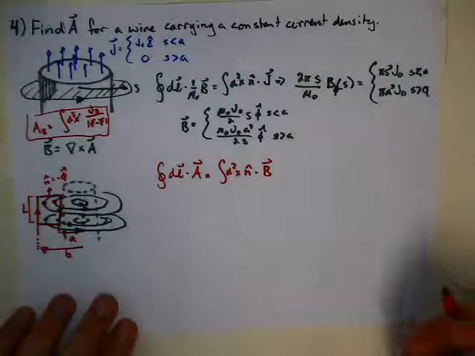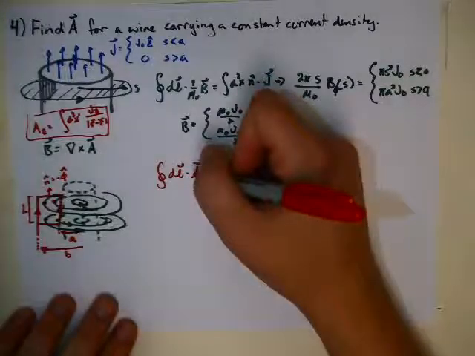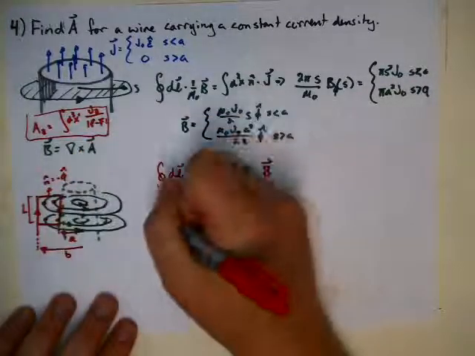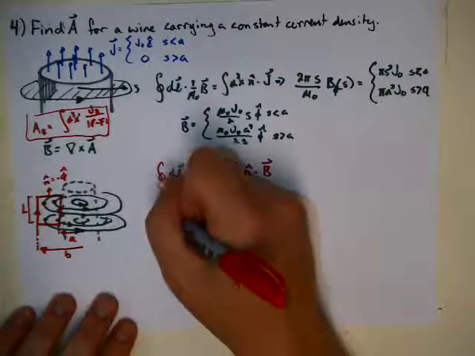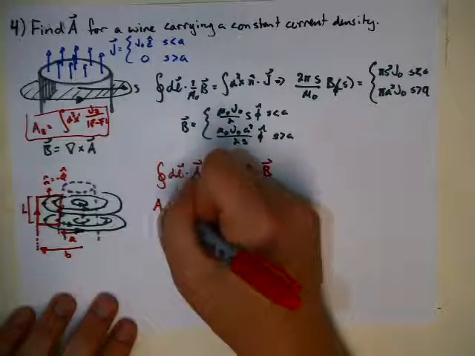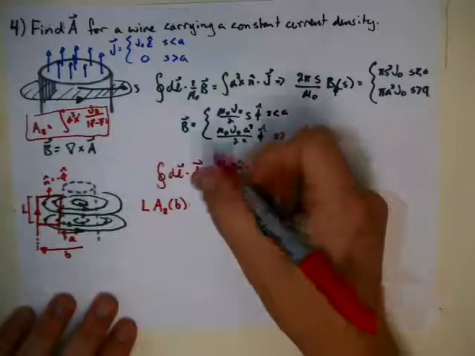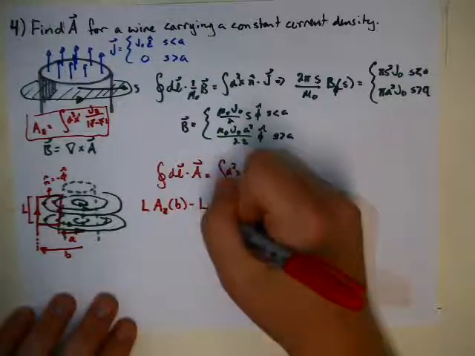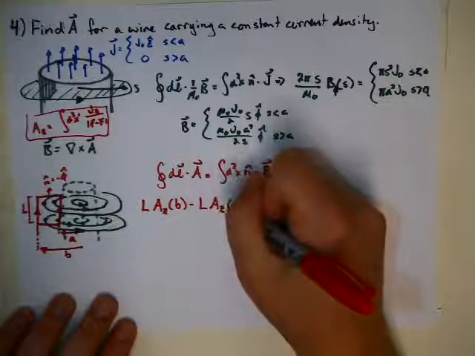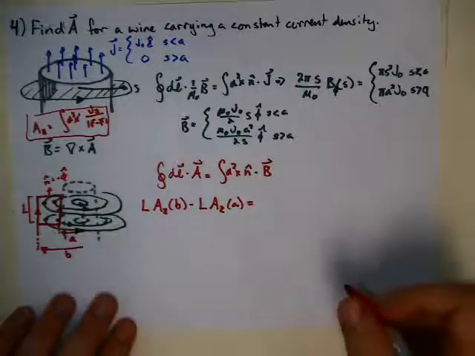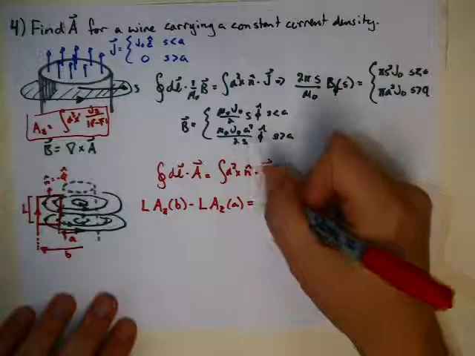And so I just have to actually evaluate this. For this one, it's going to be constant along that loop. It's going to be 0 along here. So this is going to be A sub z evaluated at a distance b times L, minus L times A sub z evaluated at a distance a. And this should be equal to the current that flows through here.